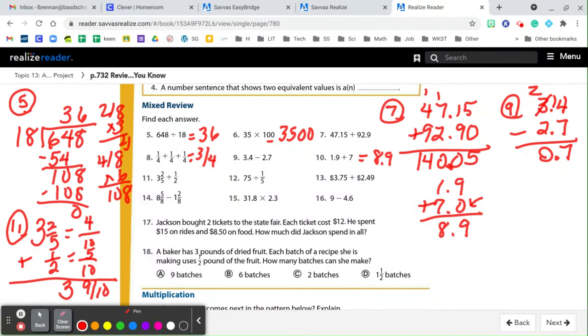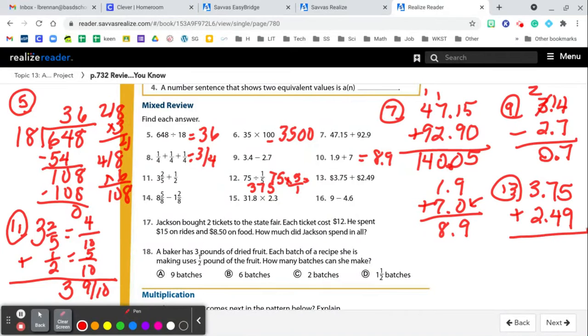For number 12, 75 divided by 1/5. Remember, keep, change, and flip. 75 times 5 is 375. For number 13, when we're adding money, always line up your decimals.